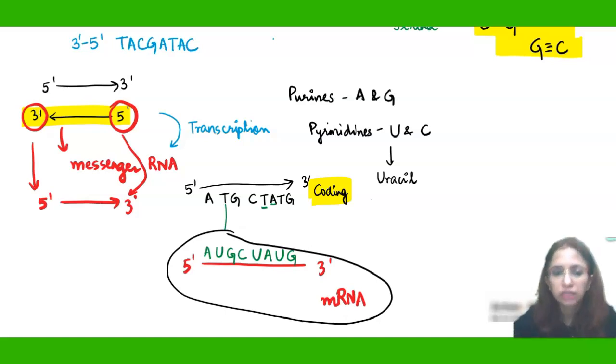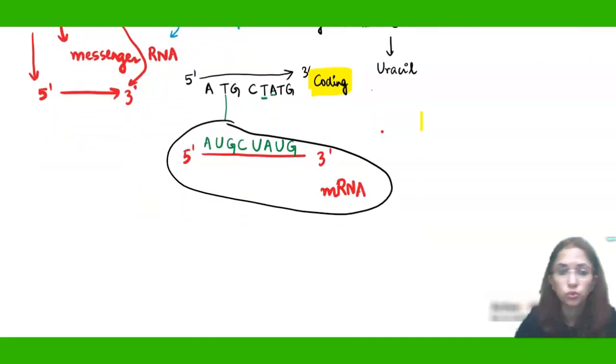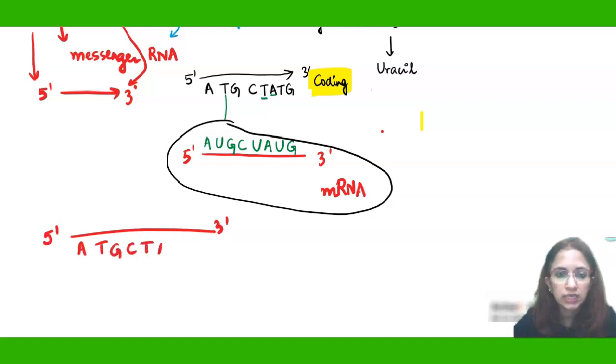Okay, let's find out the other way. If they give you just the sequence of the template strand and ask you to work it out, we know that the coding strand has been given to us. So this is our coding strand. Let's suppose it is A, T, G, C, T, A, T, G. Fine.